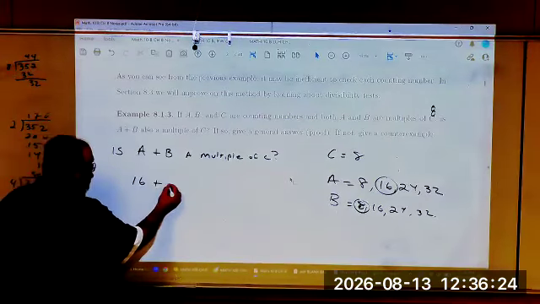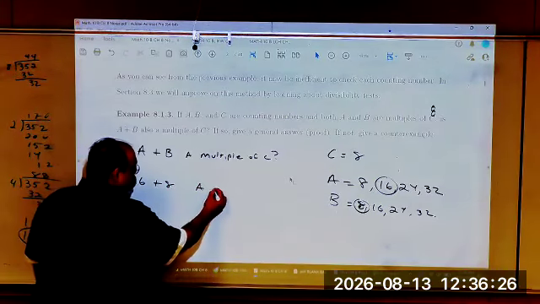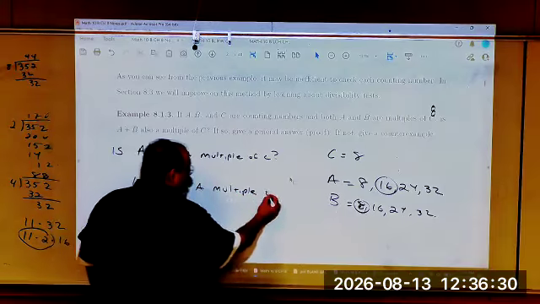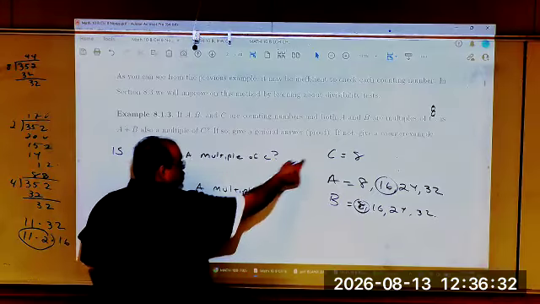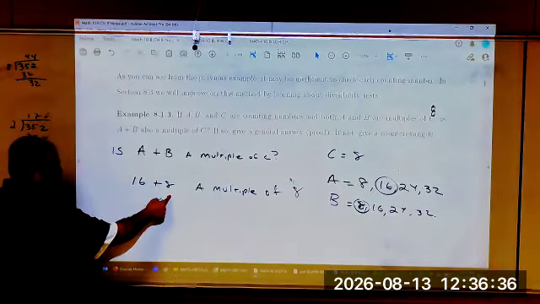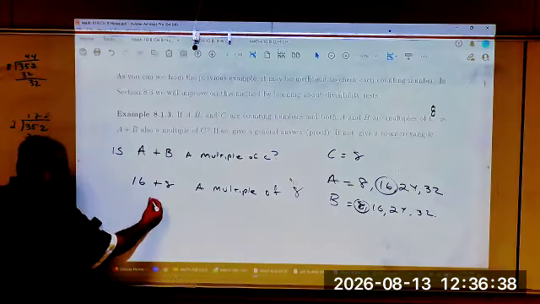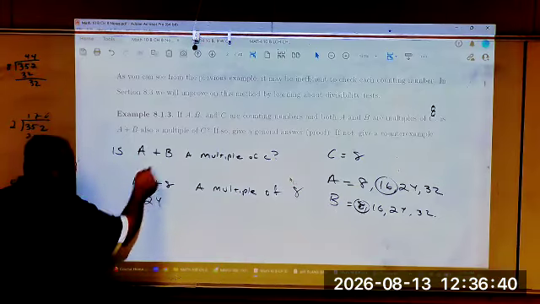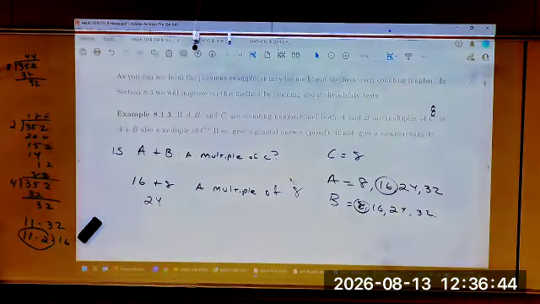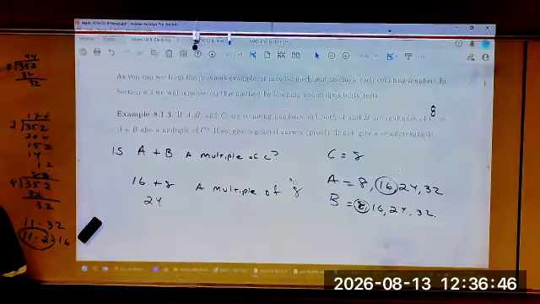Is 16 plus 8 a multiple of C, which is 8? So it's 16 plus 8, 24. Is 24 a multiple of 8? Yeah. That's an example of just going, okay, the answer is yes.